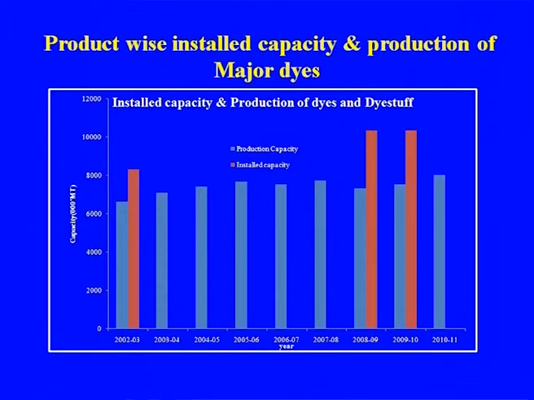So, this is the product wise installed capacity and production of the various dyes. Production is in the blue and this is your installed capacity. Here you can see the capacity utilization is definitely lower in the dye stuff industry.